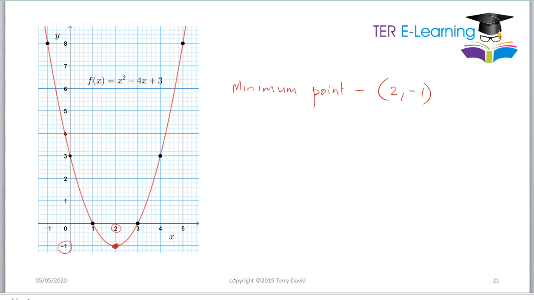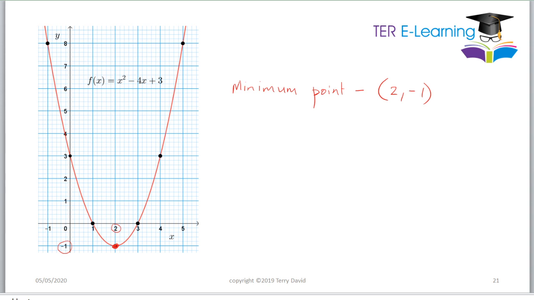I need to make sure everybody understands that. So my minimum point is (2, -1). All I'm doing is reading off the minimum point. My lowest point on my curve is (2, -1).